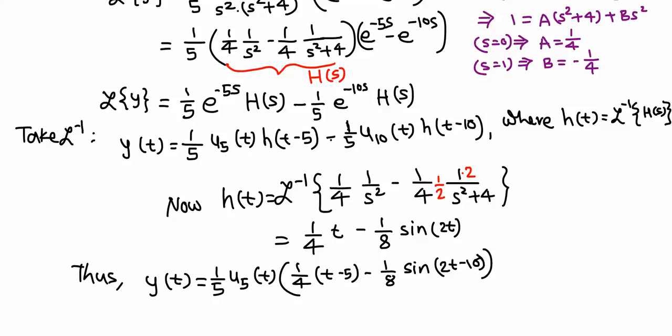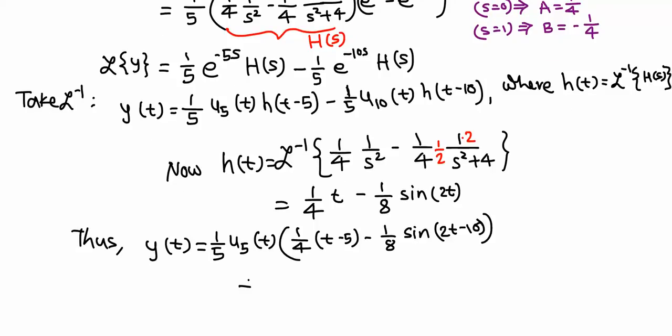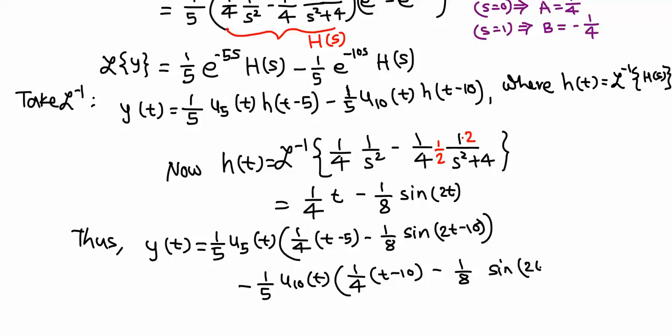That's the first part, minus basically the same thing, but we have now h(t minus 10). So 1/5 u10(t) h(t minus 10). Here is h(t), so we replace t by t minus 10. So 1/4 (t minus 10) minus 1/8 sine 2(t minus 10), so 2t minus 20. So these two long terms are the solution of the initial value problem. Final.